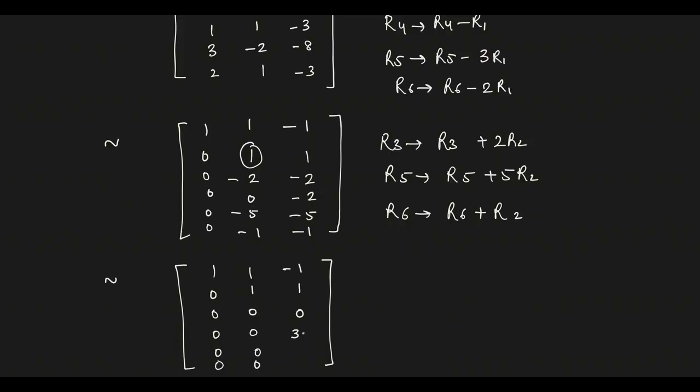R3 plus 2 times R2, this, and R4 was as it is, means -2, then 0 0.